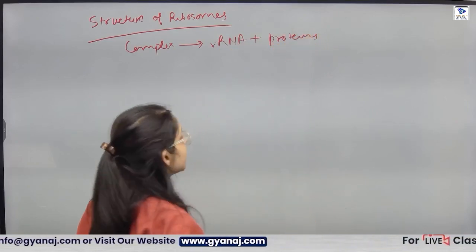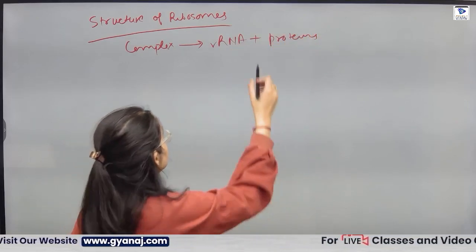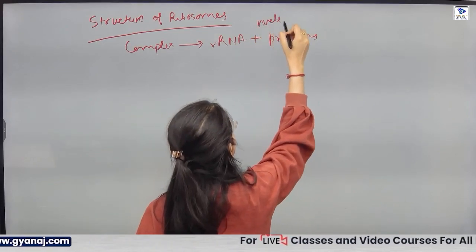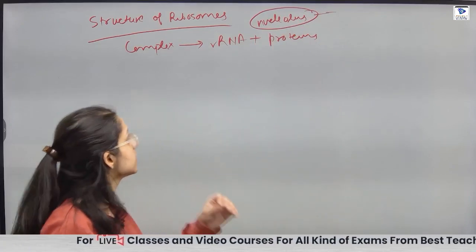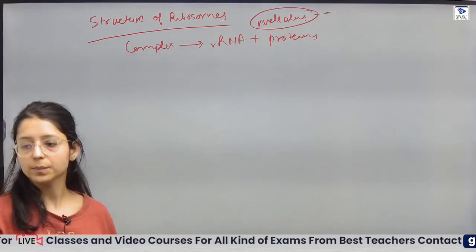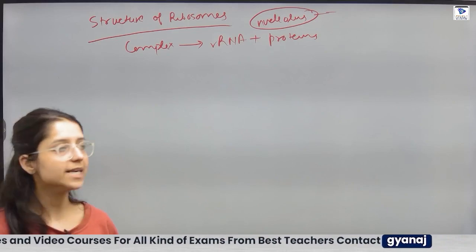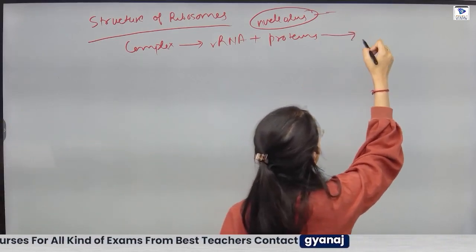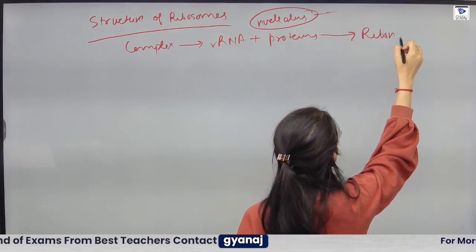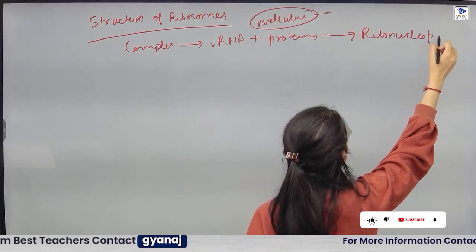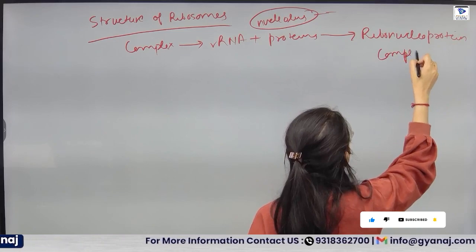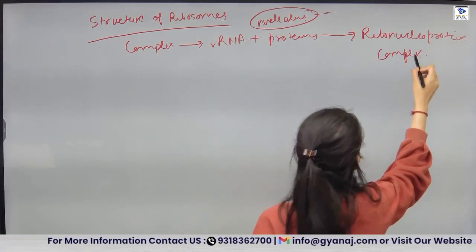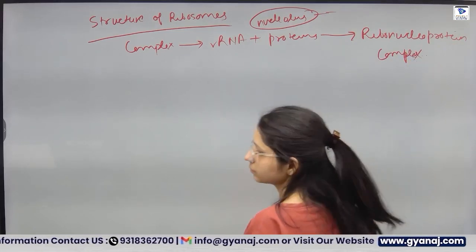Where are the ribosomes formed? They are formed in the nucleolus. The nucleolus is present in the nucleus. So rRNA plus proteins; that's why we call it a ribonucleoprotein complex.